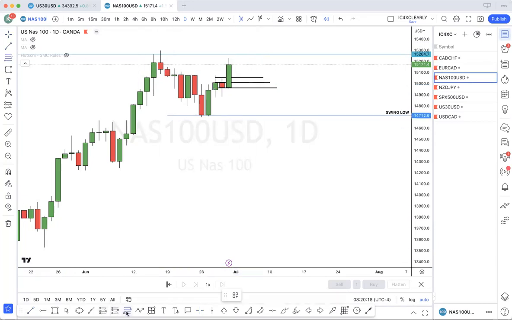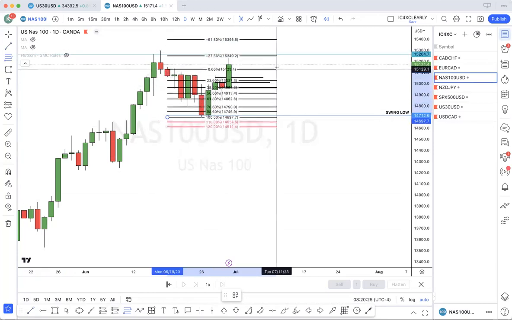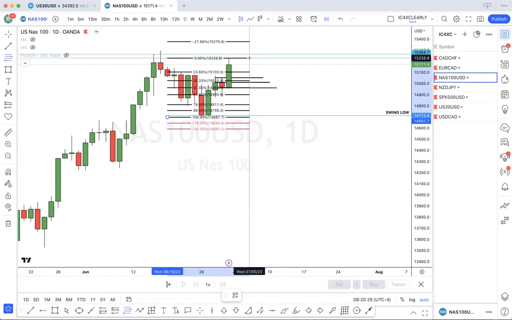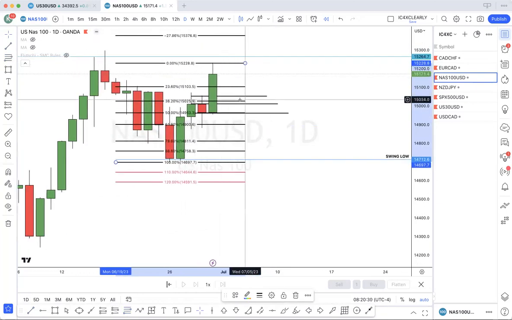And if we fib, I like to fib the break of the high, but if we fib this current move here, we're saying a pullback possibly to the 38.2, maybe even the 50% for a continuation of a buy.